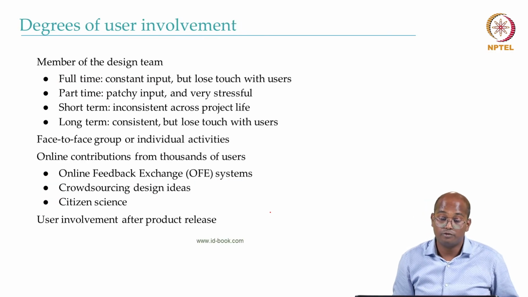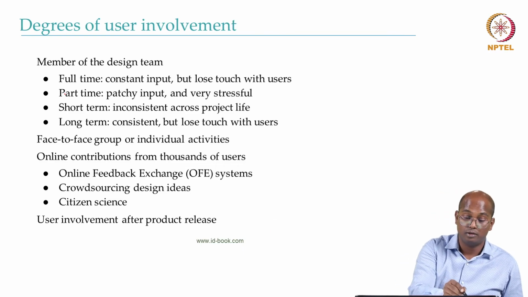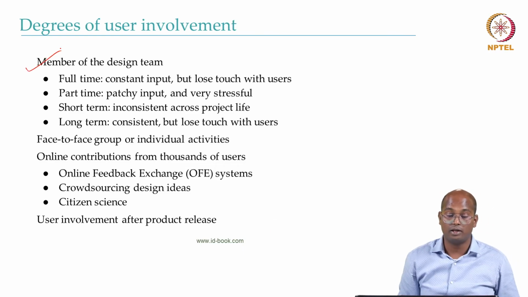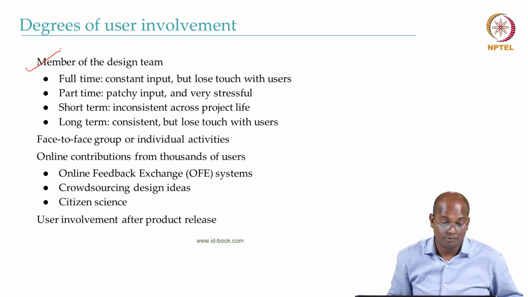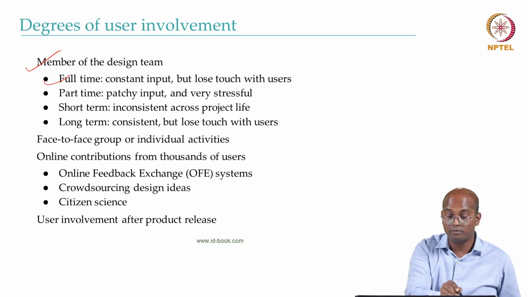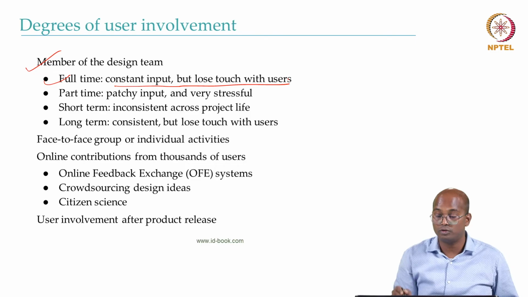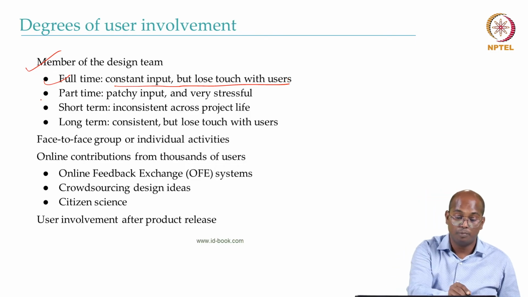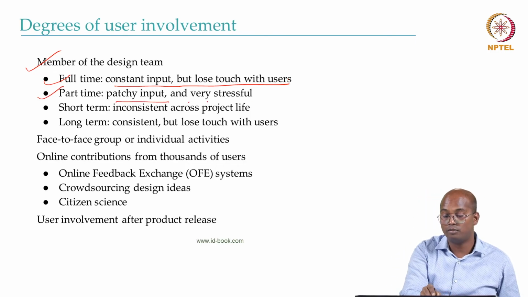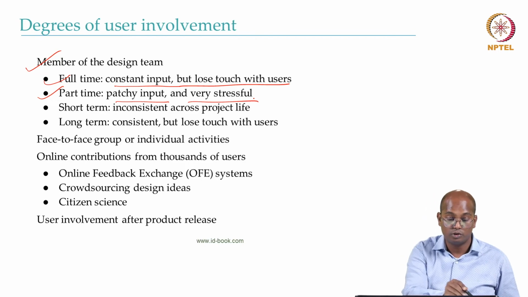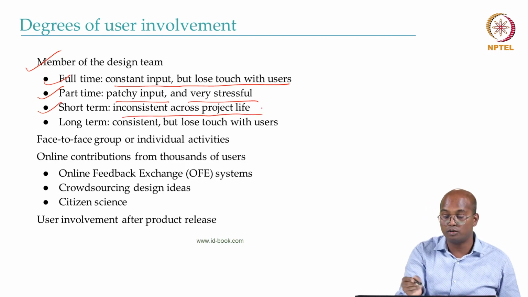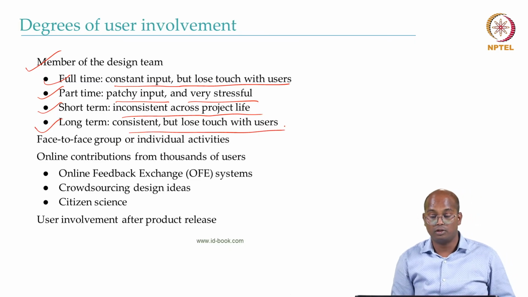And what should the degree of user involvement be? Again, there are several ways you can involve them. It could be full-time, with constant input but the risk of losing touch with users. Part-time, which gives patchy input and is very stressful. Short-time, inconsistent across the project life, and long-term, consistent but losing touch with users.